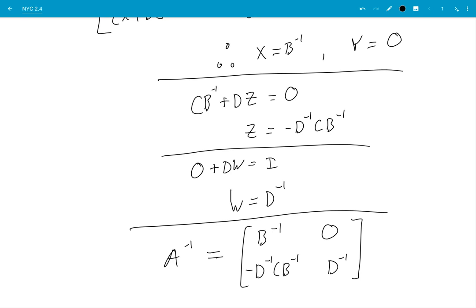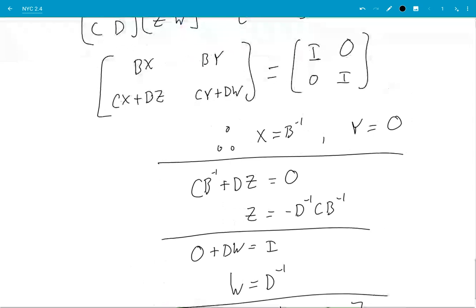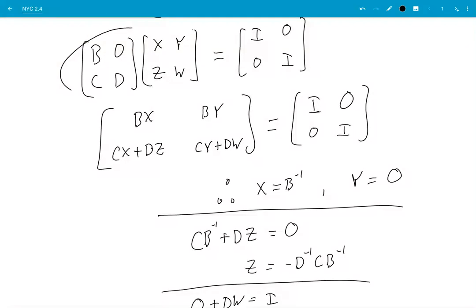Okay, I did that kind of quickly, so why don't I double check what I did? So, start up here. Did I multiply properly? Yeah, it looks good. Cx plus Dz, Cy plus Dw, yes.